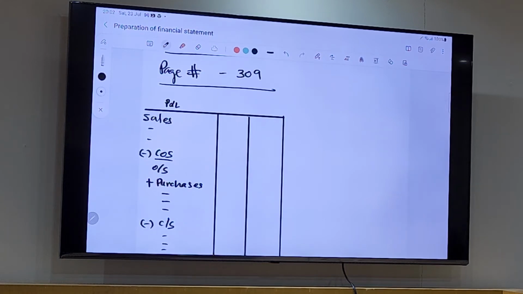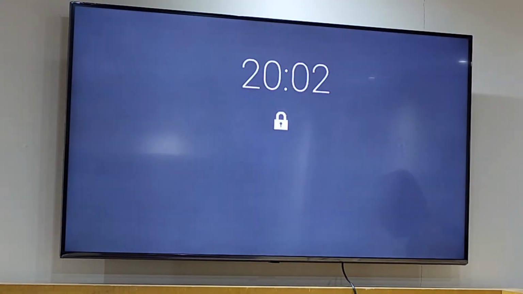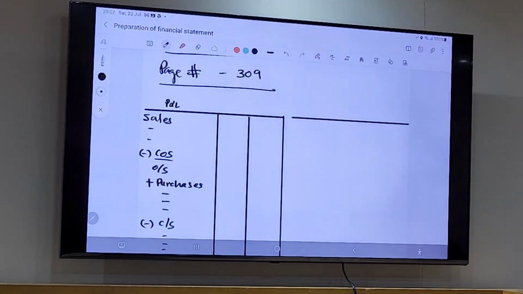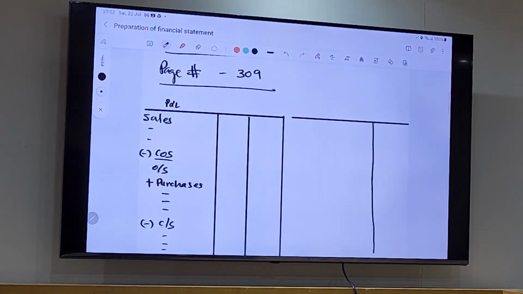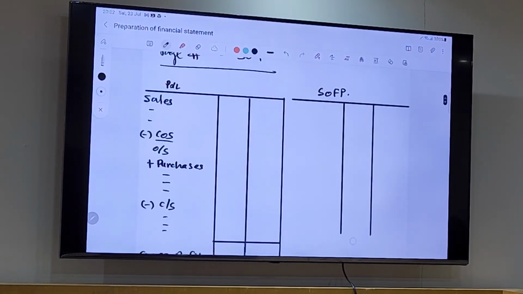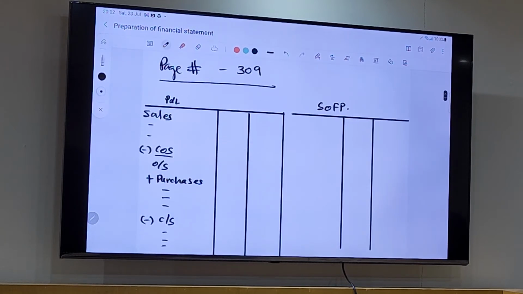Then, same like this, you have to prepare the statement of financial position. In our old days, we used the name balance sheet. The new name is statement of financial position.